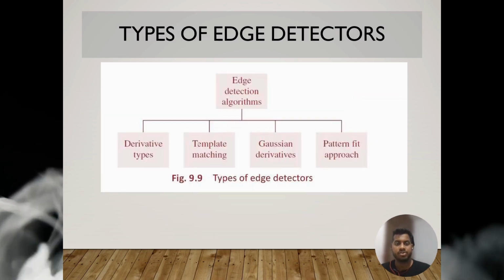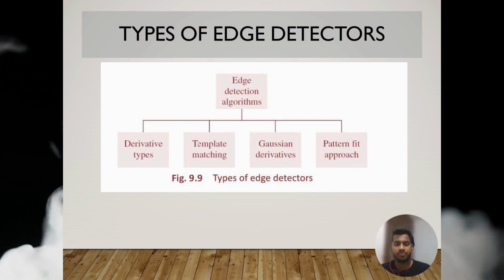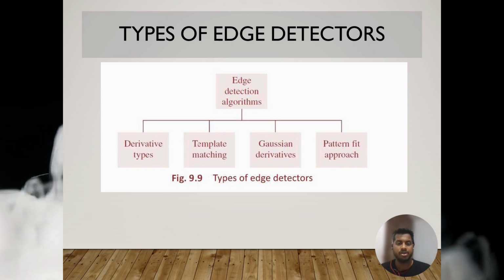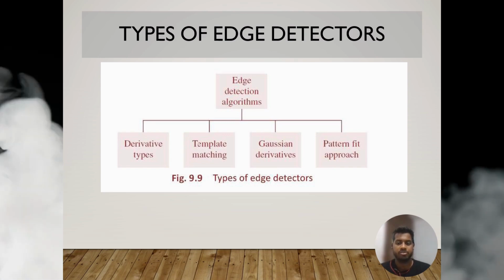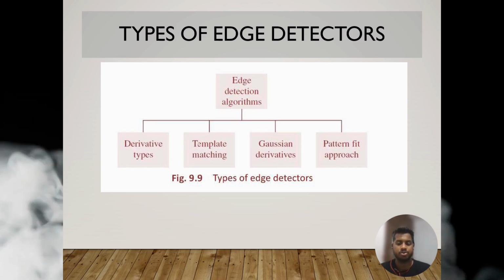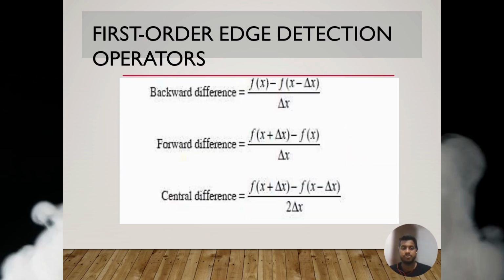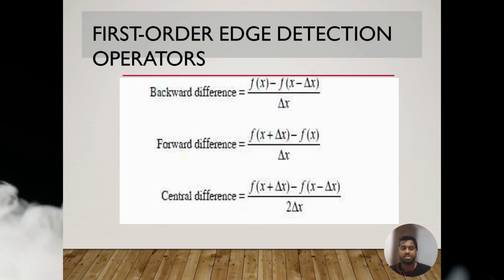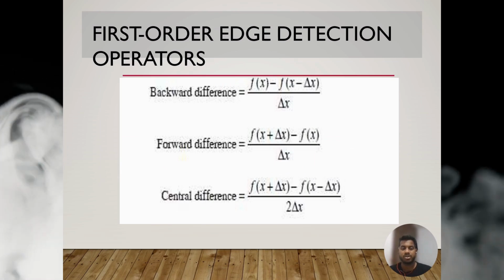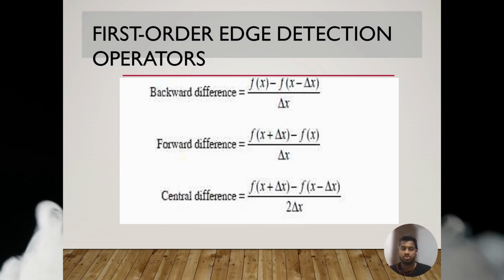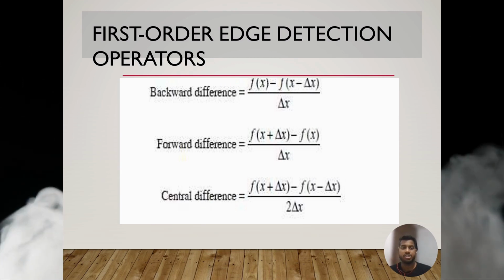We have different types of edge detection algorithms: derivative types, template matching, Gaussian derivative, and pattern fit approach. Now let's look at some of the first order edge detection operators: backward difference, forward difference, and central difference. So these are the first order edge detection operators.